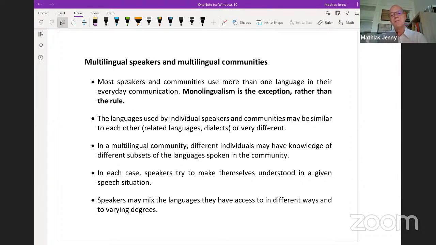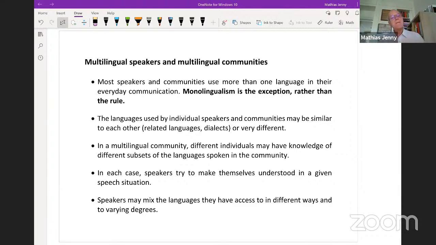Or a Chinese citizen, or Chinese by origin, may live in the United States and speak Chinese with their parents and American English outside. So there is no limit to the relatedness, the closeness or difference of the languages. Language contact can happen anywhere at any time with any kind of languages.